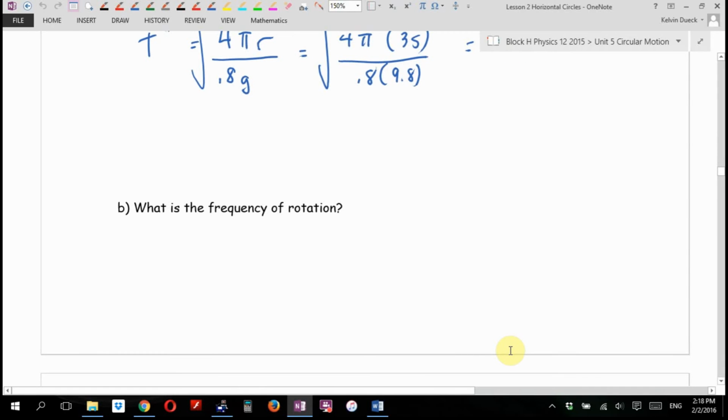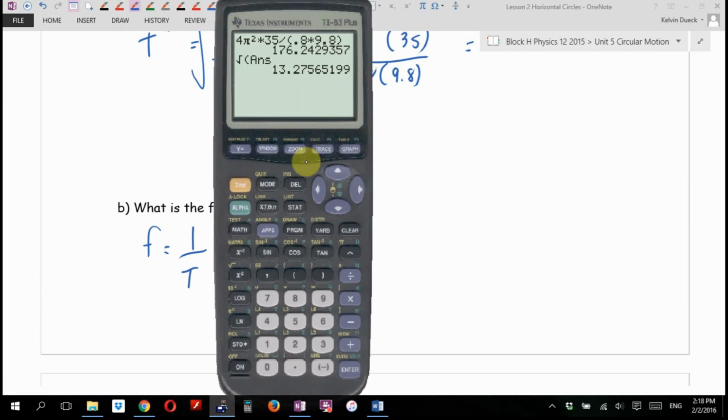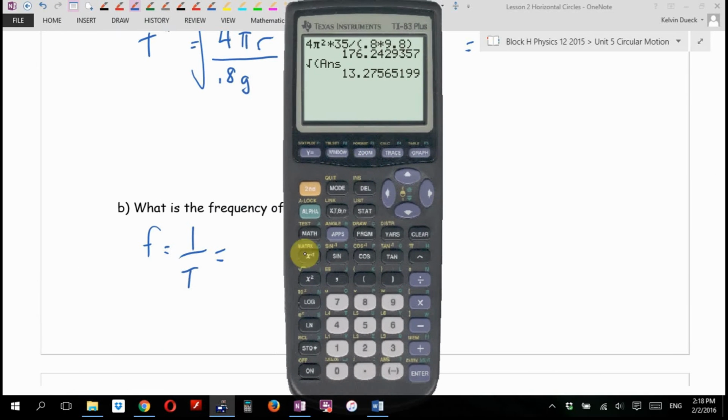What's the frequency of rotation? How many hertz? Who remembers how period and frequency are related? They are. The frequency is 1 over the period. So literally, oh, you know what? Mr. Dewick, is that why we actually have a reciprocal button on our calculator? Yeah! You do, if you go look.